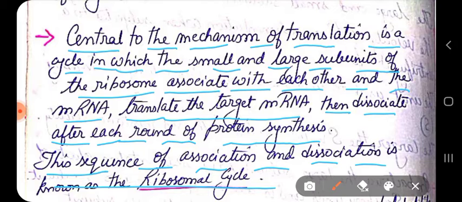So, what is the ribosomal cycle? It simply means during the process of translation, the large and the small ribosomal subunits have to assemble, associate with each other, and also associate with the mRNA. Then they have to translate the target mRNA, and after the end of translation, they have to dissociate for the next round of translation to begin.